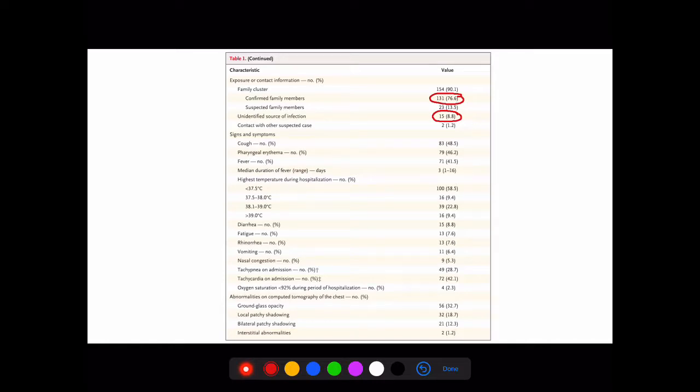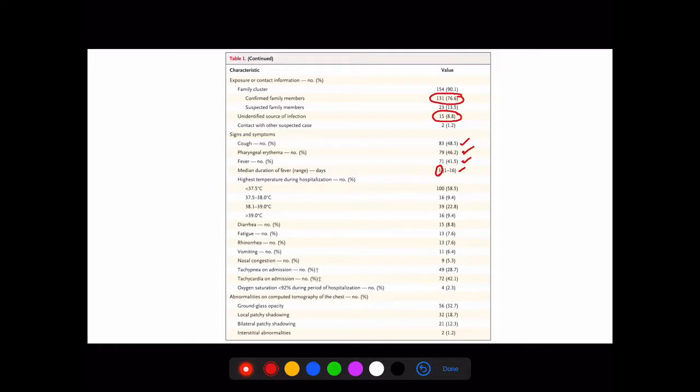As far as the signs and symptoms are concerned, again, round about 48.5% presented with cough as the predominant feature. 46% had some pharyngeal congestion, and 41.5% had fever. The duration of the fever ranged somewhere between 1 to 16 days, while the median, 50% of those kids that were affected, had a fever of 3 days.